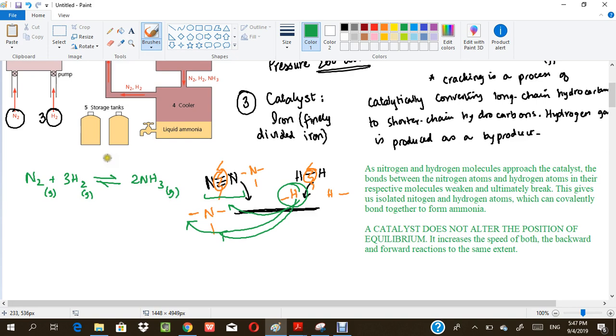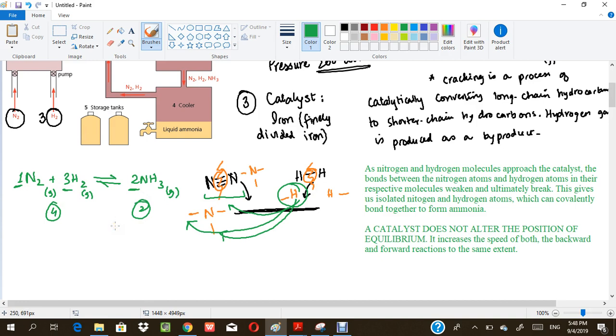So if we increase the pressure, then according to the rule that we studied in the video on reversible reactions, we know that increase in pressure favors the side of lesser number of molecules. We can see that on the reactant side, we have a total of 1 and 3, 4 molecules, and on the product side, we have 2 molecules.